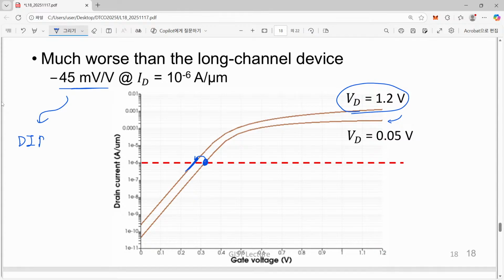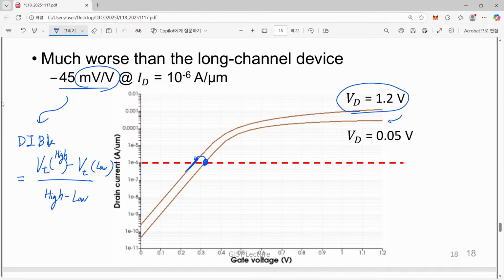DIBL is: you measure threshold voltage twice, at quite a low bias voltage and quite a high bias voltage, and that is divided by your high bias voltage minus low bias voltage. So that's the reason why here we have a volt per volt scale.